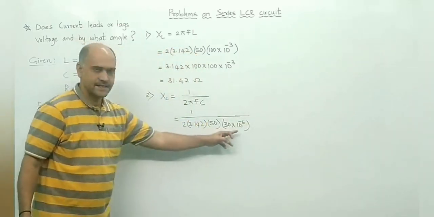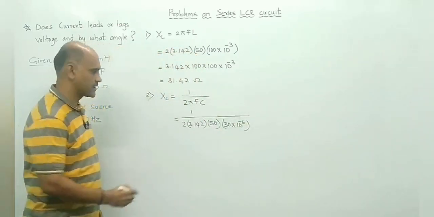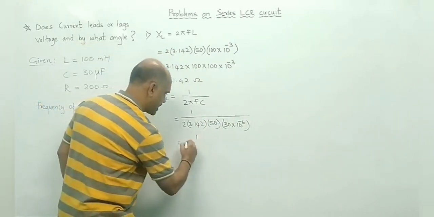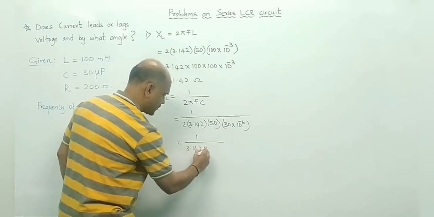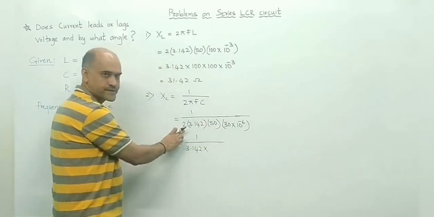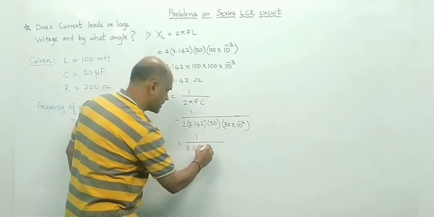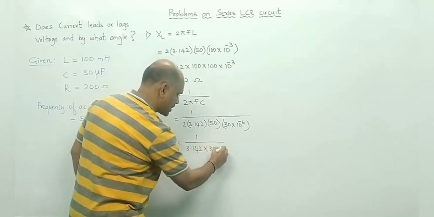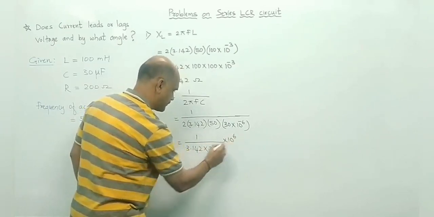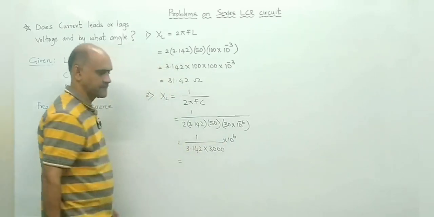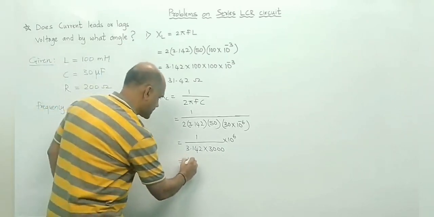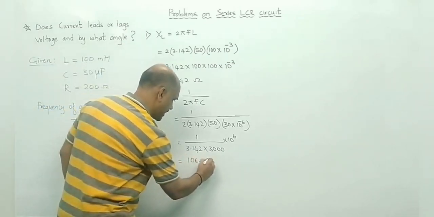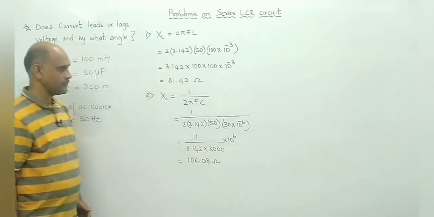Again I will take this 10 raised to minus 6 to the numerator. So 1 divided by 3.142 into 100 into 30, that is 3000, into 10 raised to 6. If you simplify this, you will get XC around 106.08 ohms.